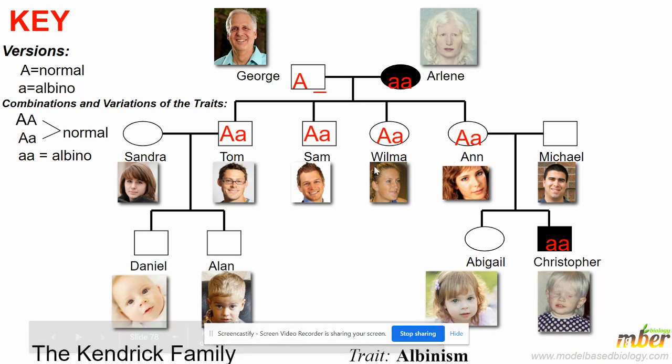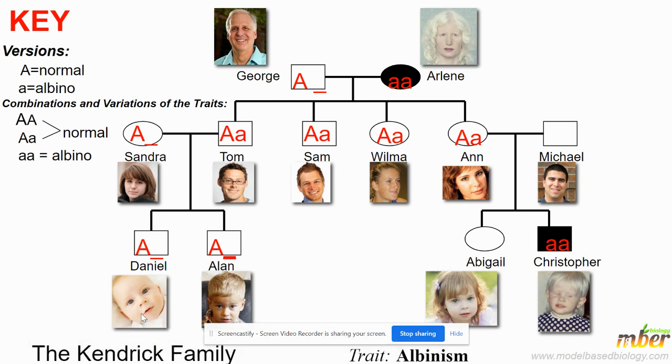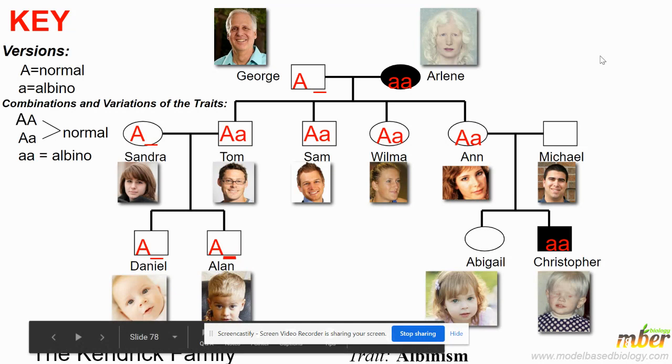Okay, so Tom married Sandra. We're not 100% sure if Sandra is big A, little a, but she definitely has at least one big A because she has normal skin pigmentation. Their children, Daniel and Alan, because we don't know what mom has, they have at least one big A, and we can tell by their appearance that they do not have this trait.